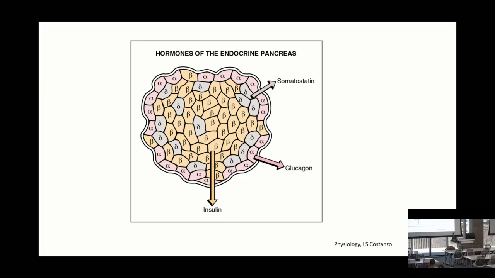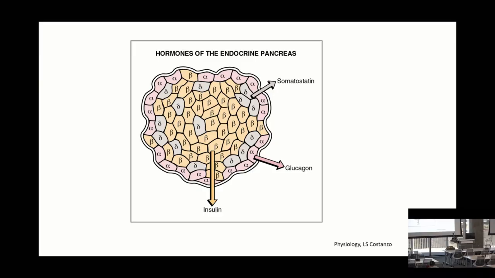So the first is just to look at the pancreas. This is an islet of the pancreas. As you can see, it has alpha, beta, and delta cells. The alpha cells make glucagon, beta cells make insulin, and the delta cells make somatostatin.